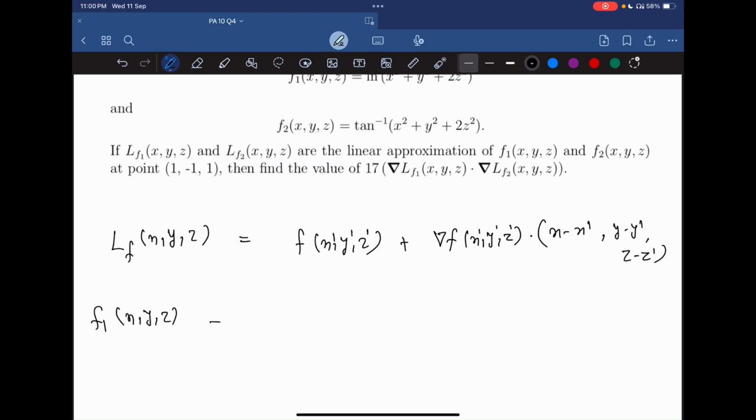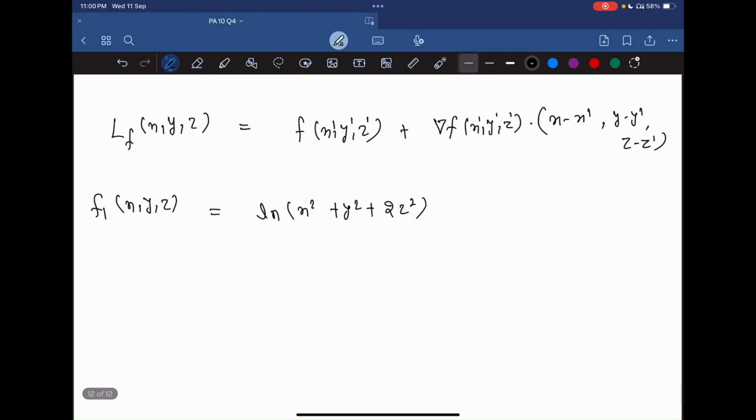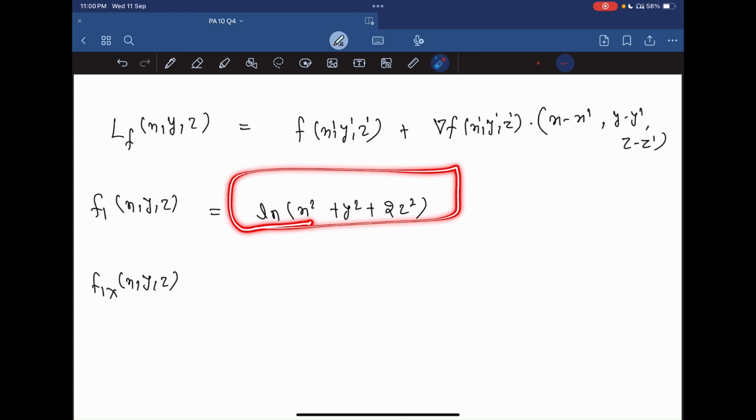The given f1 function is ln of x square plus y square plus 2z square. Now to calculate its partial derivative with respect to x, we can apply the chain rule.